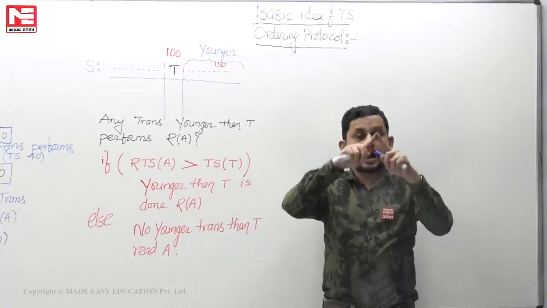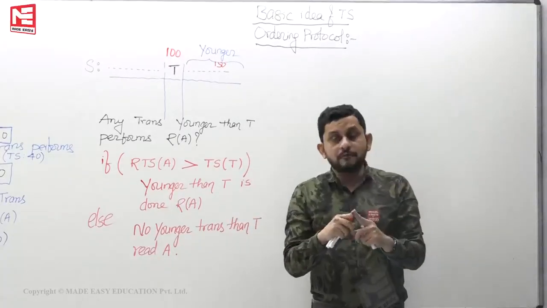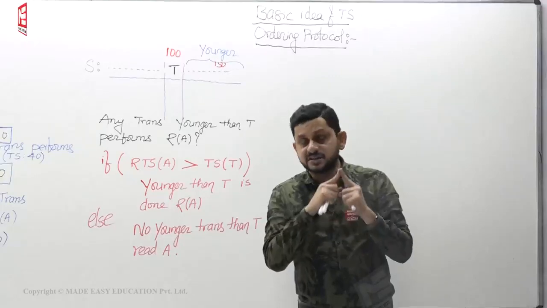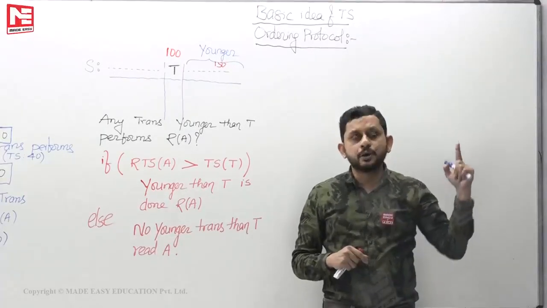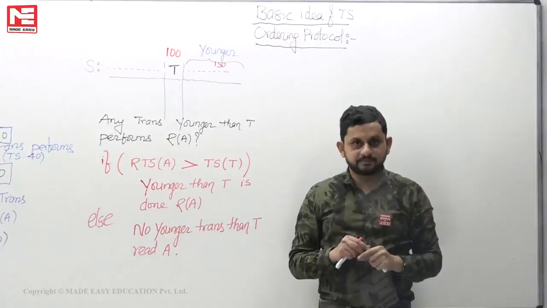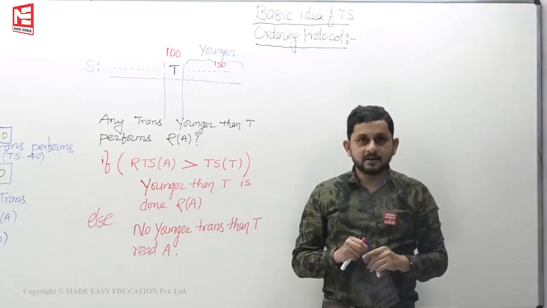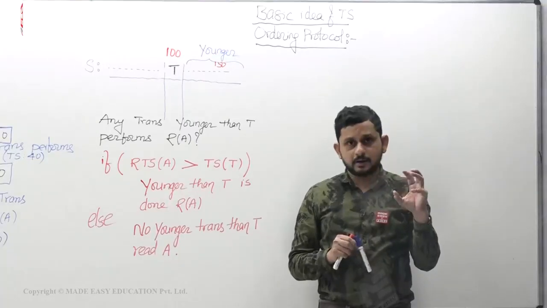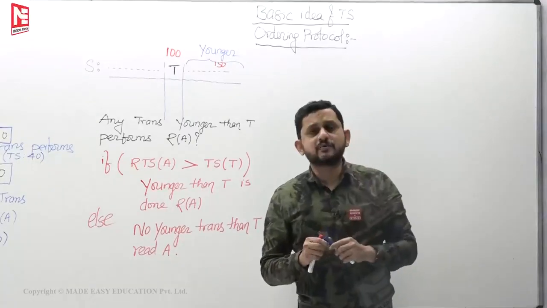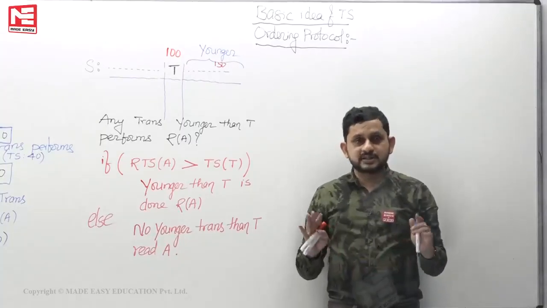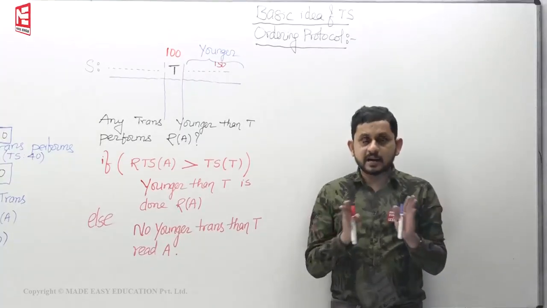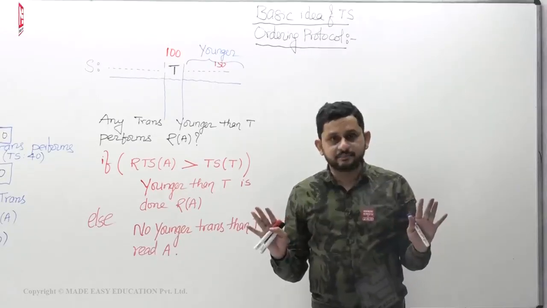But the concurrent execution of two or more transactions, the schedule, should be equal to a serial schedule based on timestamp orders. It's a little confusing, or rather, a little more thinking is required. So just listen carefully. Transactions can execute concurrently.